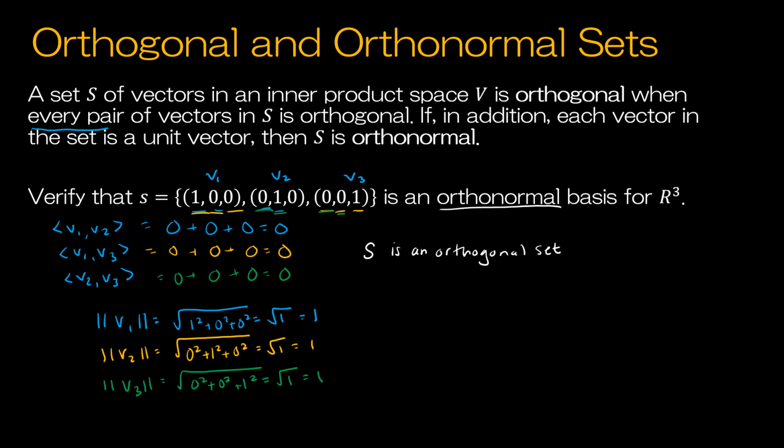So by determining that each pair of vectors is orthogonal, we have an orthogonal set, and now I can say S is an orthonormal set. Because in addition to having an orthogonal set, each of these is a unit vector or has been normalized.